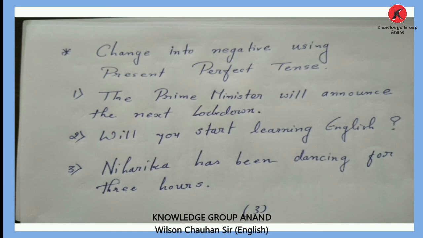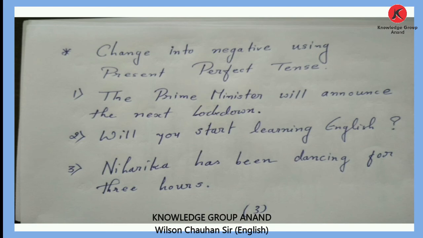The first sentence: the Prime Minister will announce the next lockdown. Now this sentence belongs to simple future tense, but you need to change it into present perfect tense, and the type of the sentence should be negative. Second, will you start learning English? The sentence is simple future tense, a question.